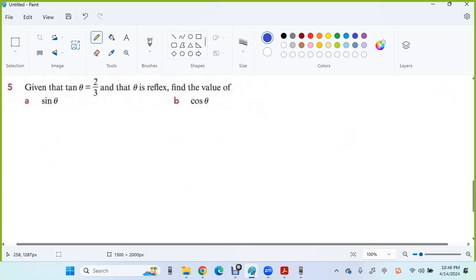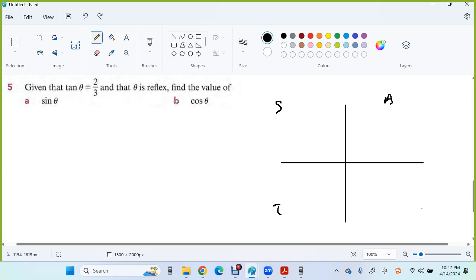Given tangent theta is 2 over 3 and theta is reflex. Okay, so in this case, the tangent theta is positive. So we have the ASTC here.